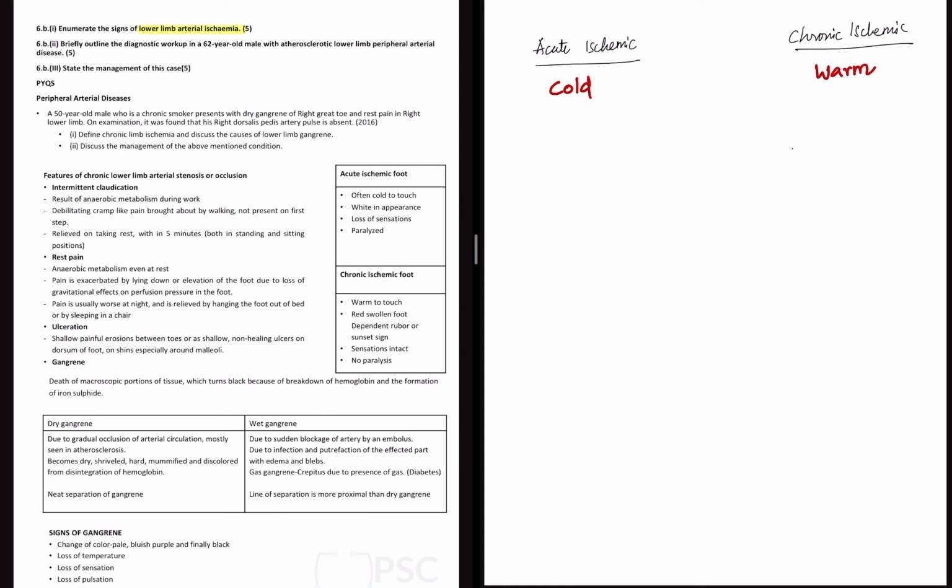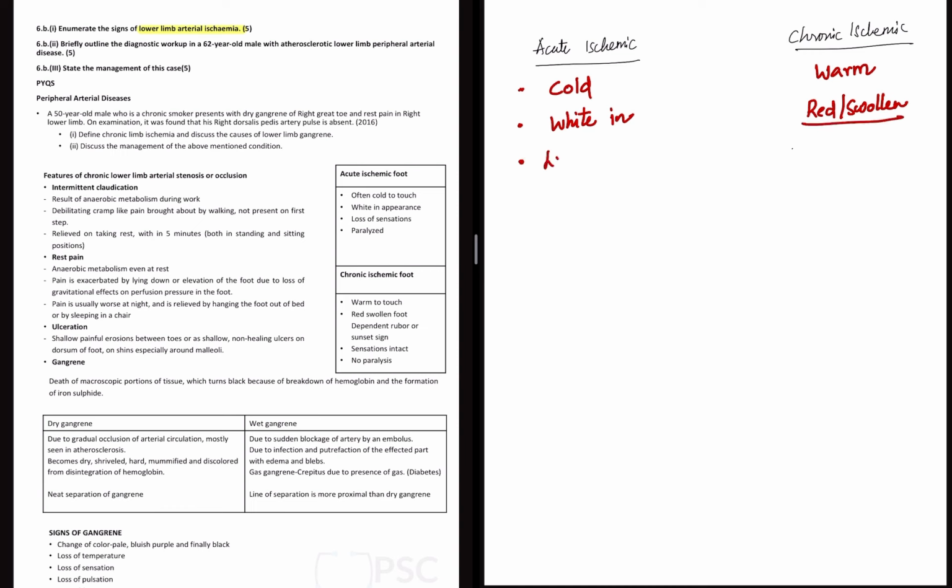This is one differentiating factor. The second thing is, as I told you, poikilothermia: they're cold and also pale, white in appearance. Whereas in chronic ischemia, because of the collateral supply, they are red and swollen. This is the major difference.